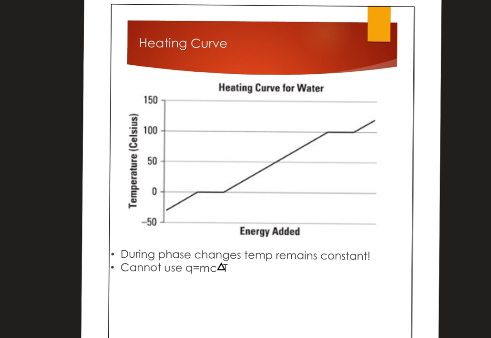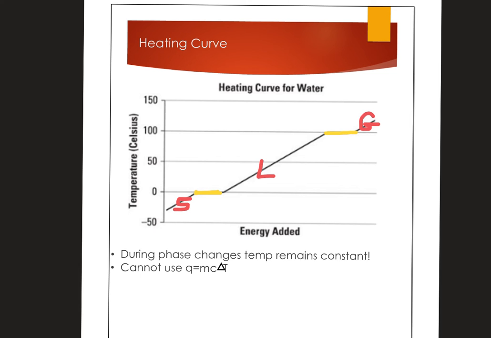So first we're going to look at a heating curve, and this is when a substance goes from a solid state of matter to liquid and then to gas. During the phase change, which is melting or boiling, which is right here, this line and this line, there is no change in temperature. So temperature is constant.